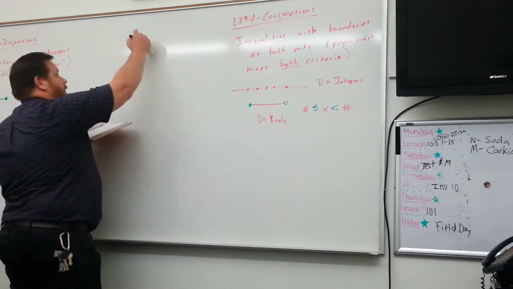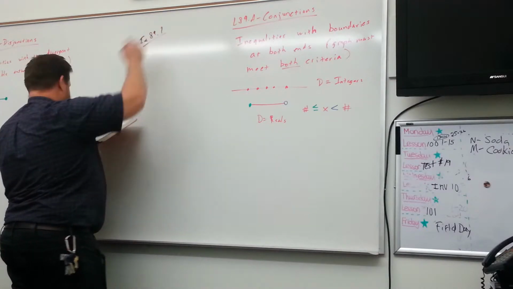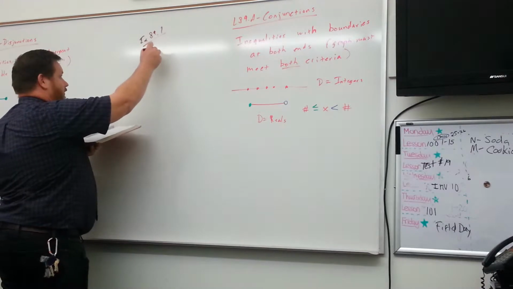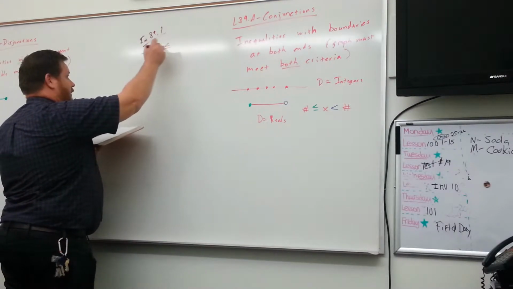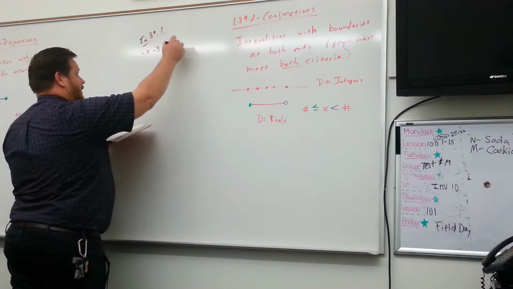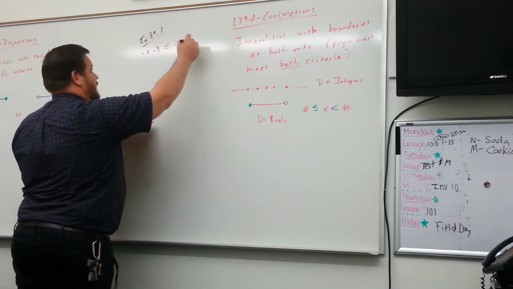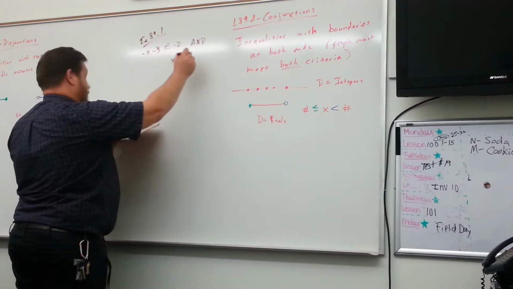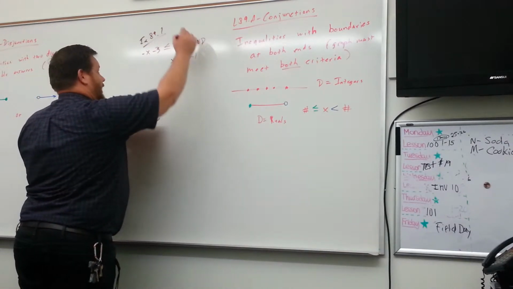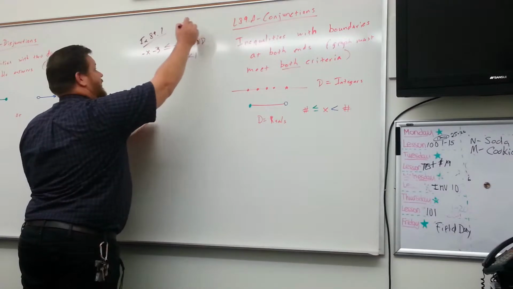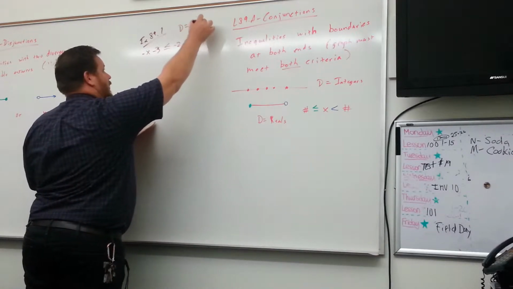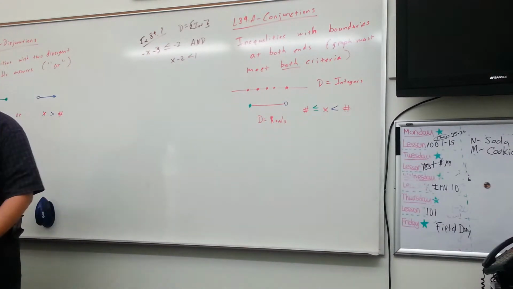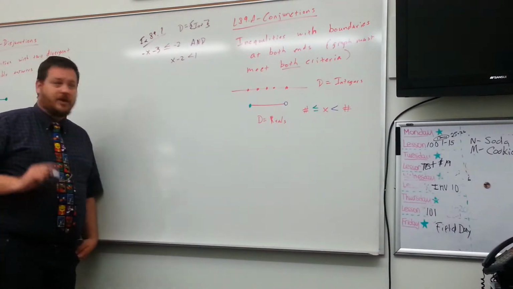Let's take an example. 89.1 says graph this: negative 2 is less than or equal to x minus 3, which is less than or equal to negative 2... and x minus 2 is less than 1, and our domain is integers. Would it ever say "or" instead of "and"? That'll be the next part of the lesson. It's called a disjunction. We'll get there in a minute.